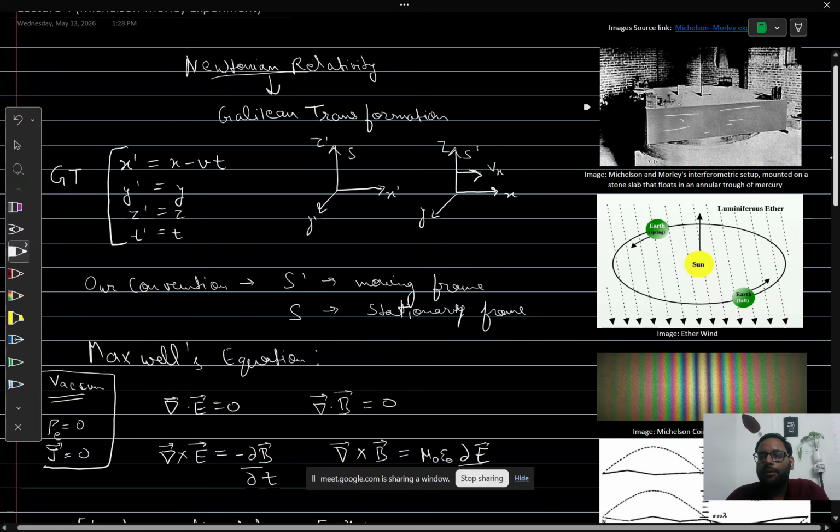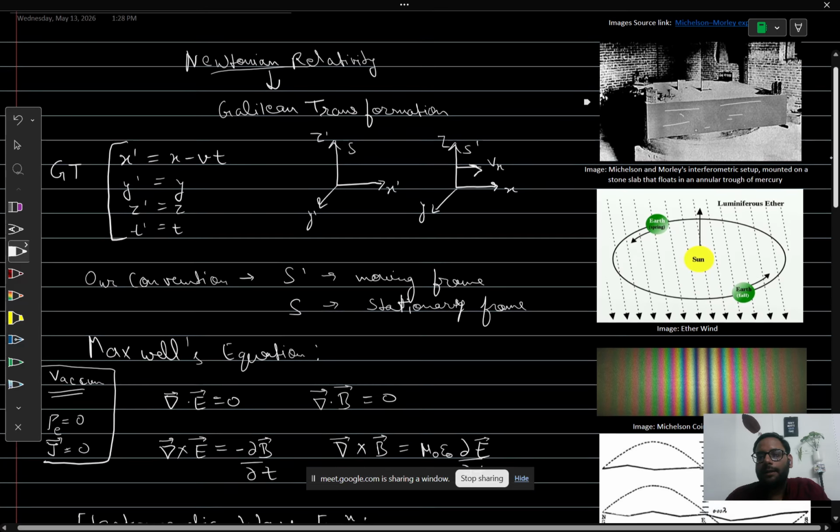This interferometer can rotate, and the friction should be negligible while rotating, so they used mercury for it.